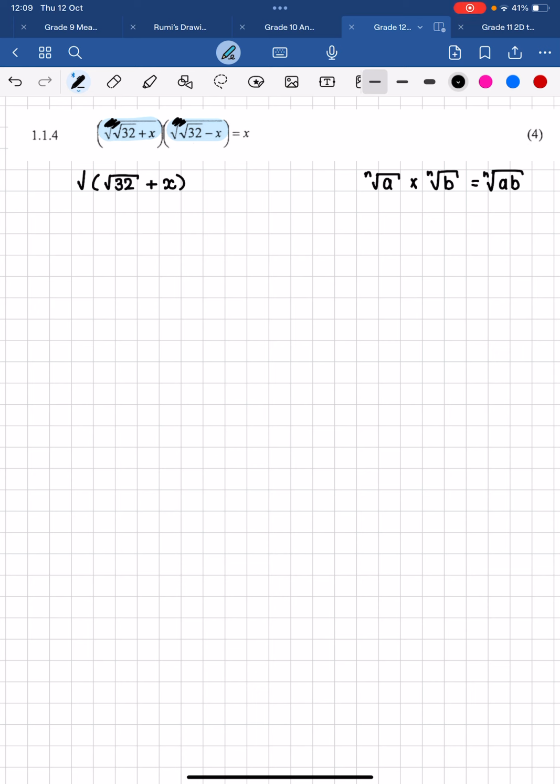So I need to multiply that by what I have in the second square root, which is the square root of 32 minus x, and that is equal to x. So we're still multiplying those things together, but we're not multiplying them together in two separate square roots. We're doing one square root.